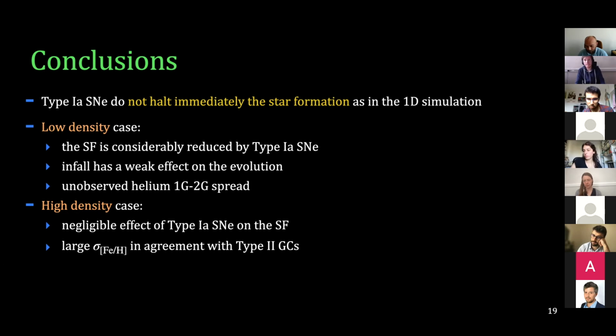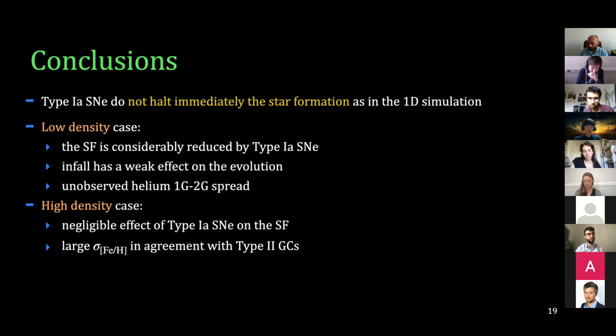Anyway, there are several scenarios that have been proposed, and every scenario has a lot of problems, a lot of tricky assumptions that need to be made. We don't have time to discuss them here, but if you have a look at the reviews that I can point you to, these are discussed in detail. The advantage of the AGB scenario is that it is relatively easy to implement in a simulation, and it doesn't contain too many exotic ingredients.